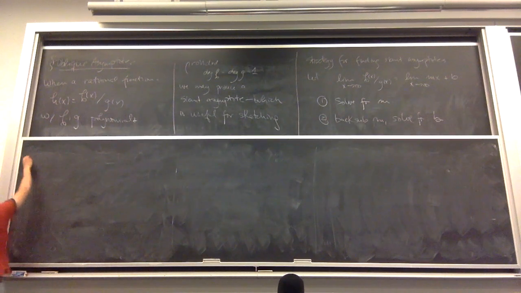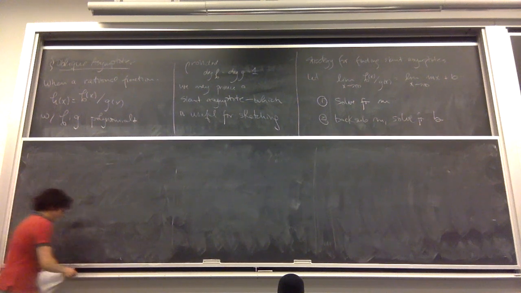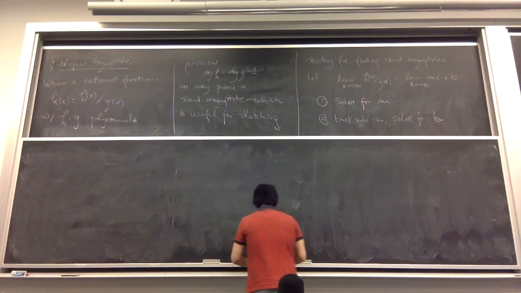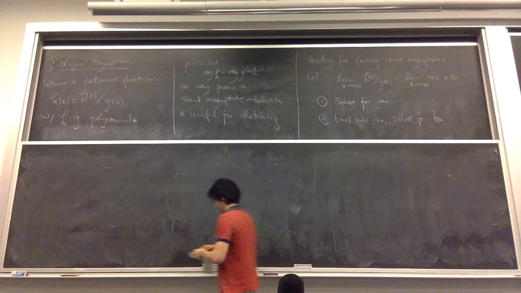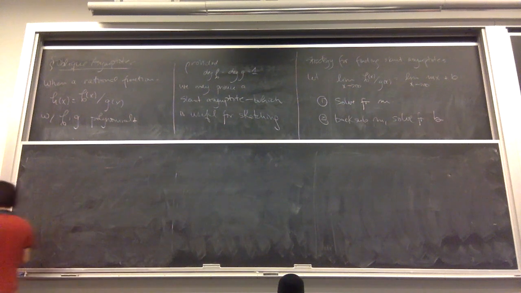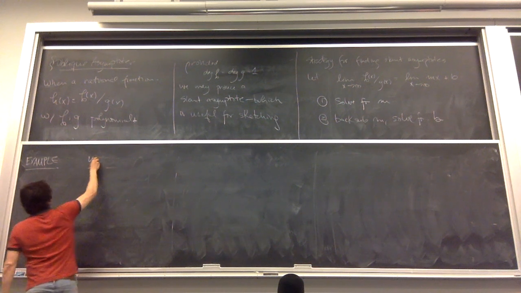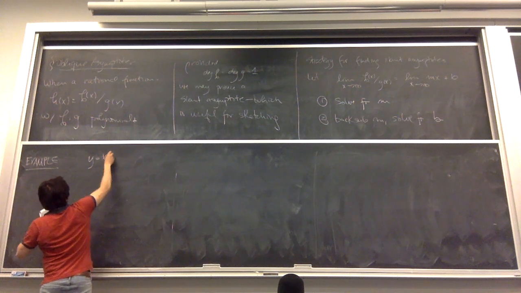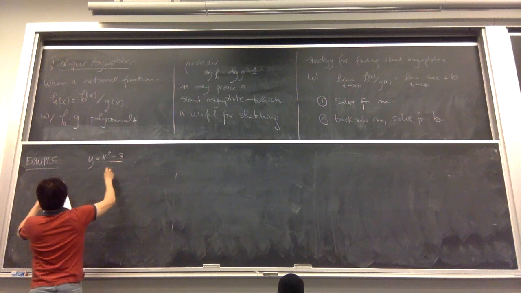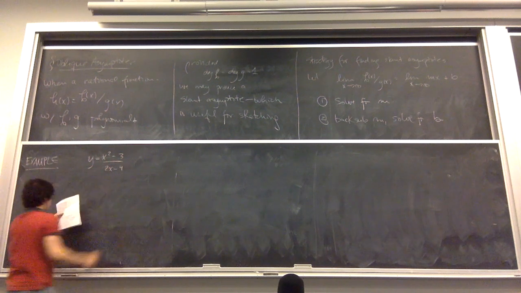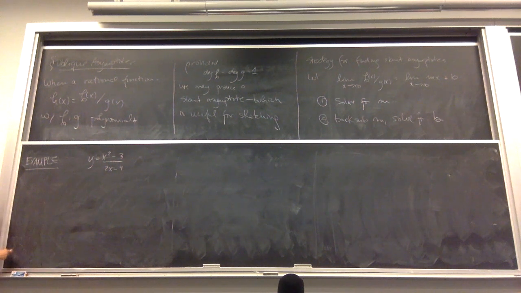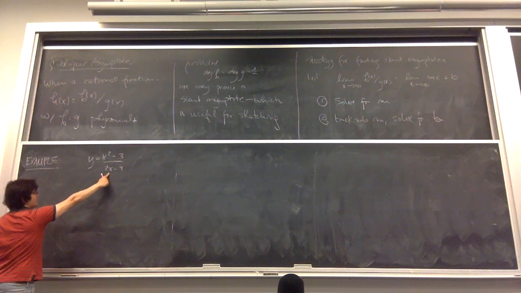So here's our example. Here's a function: x squared minus 3 over 2x minus 4. If you plot it, first of all, we're going to get an asymptote at x equals 2.